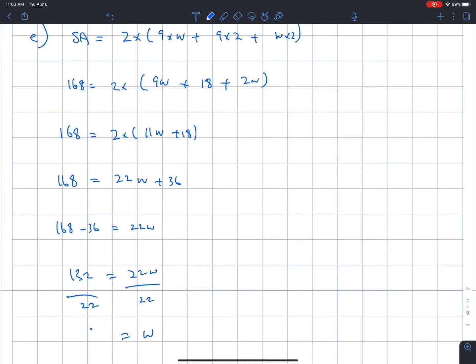We get W equals 6 units. So now we can move on to find the volume. Volume is just length, which is 9, width we just figured out is 6, times height. We get 108 cubic units.